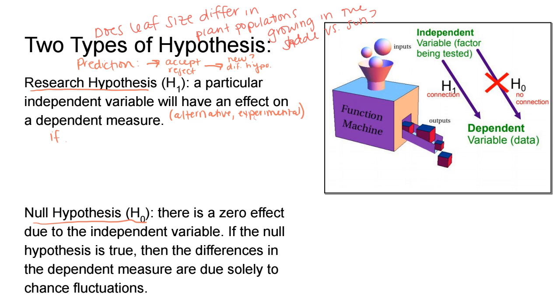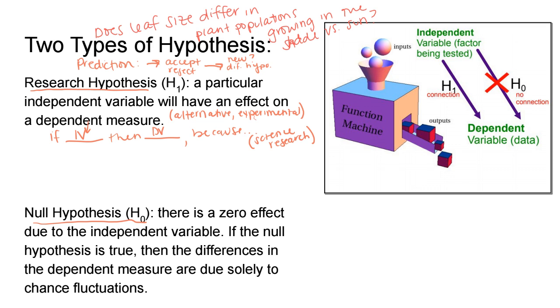These are in the if, then, because format. And this is where you take your variables. If I change this, this is always your independent variable, then this will change, your dependent variable, because, and this is based off of your science research that you're using to come up with this scientific question.